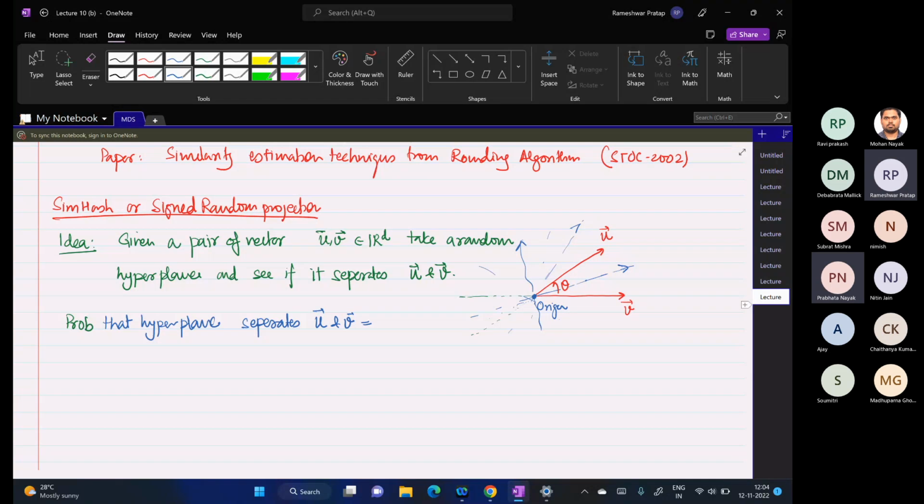Sir, theta by 360 degrees? Partially correct. Just think more. Since for simplicity we focus on the first two coordinates, this is symmetrical on this side.